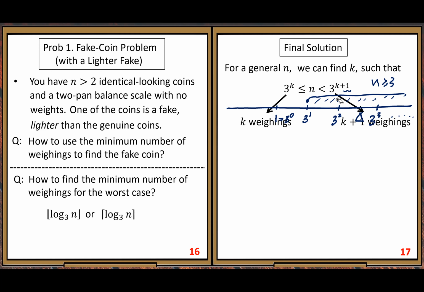The best is k, the worst is k plus 1. But that number must be an integer, it cannot be a fractional number. So the answer must be the ceiling function of log base 3 of n, moving up, not moving down. That's the final formula.